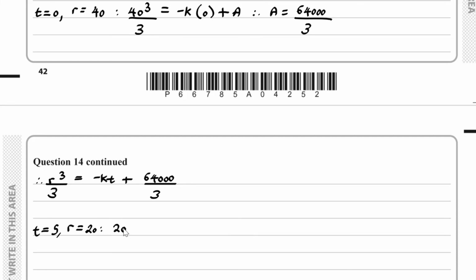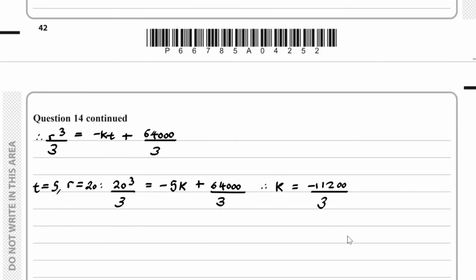So here we have 20 cubed over 3 equal to minus 5k plus 64,000 over 3. So therefore, if we solve, k is equal to minus 11200 over 3.